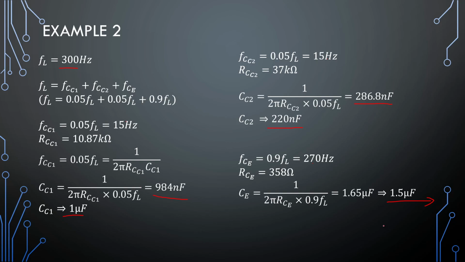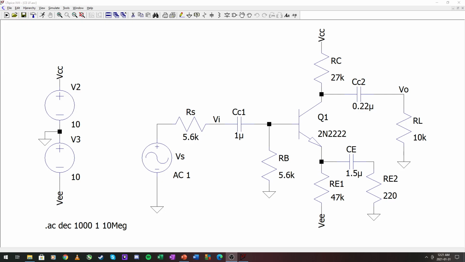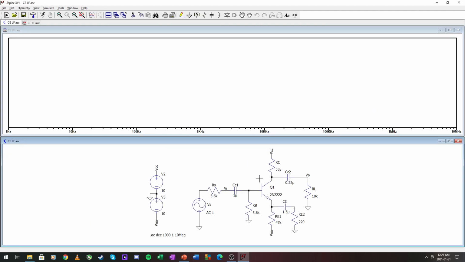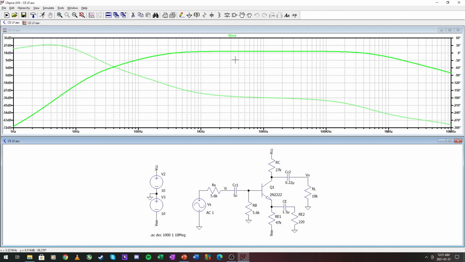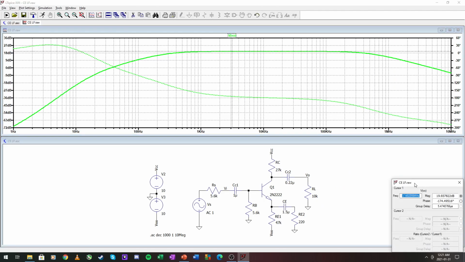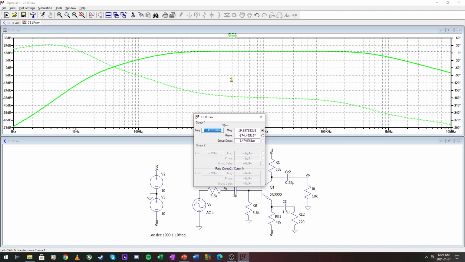Okay, let's check out our simulation and see if we reach our 300 hertz specification. Right, here's our simulation. Let's run it. Check our output. Open a cursor, and our midband here is 19.9, so 20 dB.